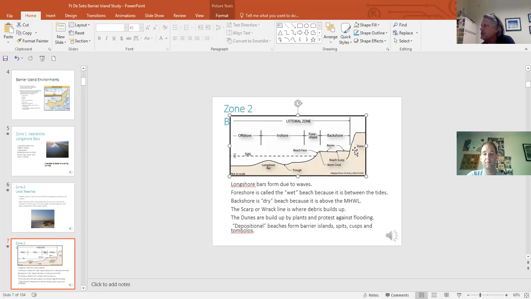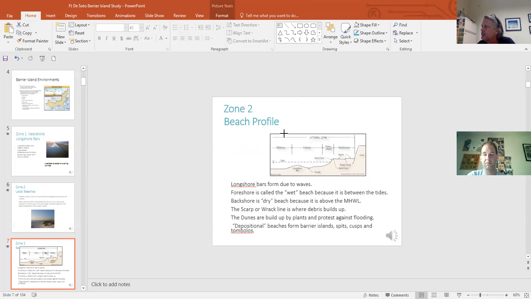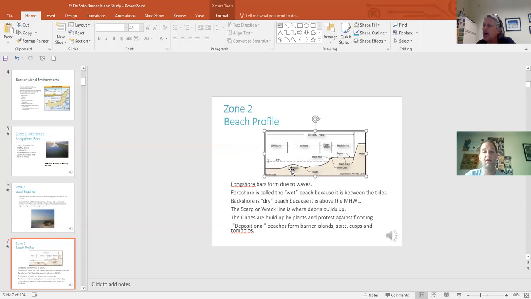And then you have your dunes in the back. So this littoral means between the tides. No, actually littoral means shallow enough for sunlight. The foreshore is between your tides. So this is what this side profile of your typical beach looks like.